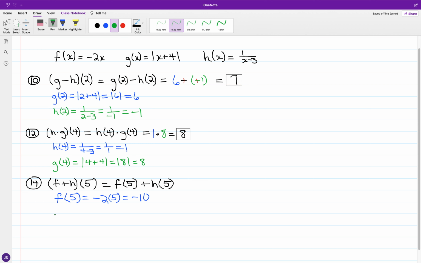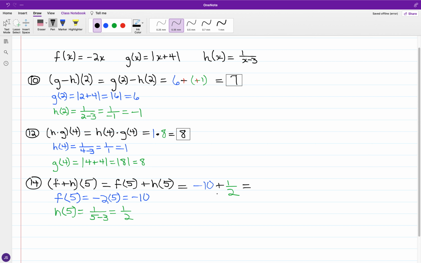And for h of 5, we have 1 all over 5 minus 3. And so 5 minus 3 is 2, and h of 5 is equal to 1/2. So taking what we have now, f of 5 at negative 10, and h of 5 at 1/2, and combining the terms together.